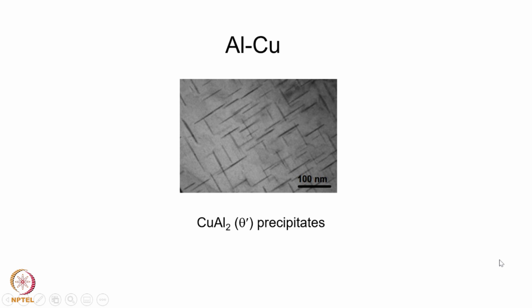So in the 2000 series aluminium copper alloys, the strengthening precipitate is CuAl2 or Al2Cu, which is also known as theta prime, and this is how the morphology of this precipitate is.